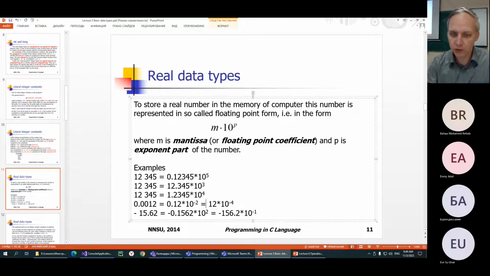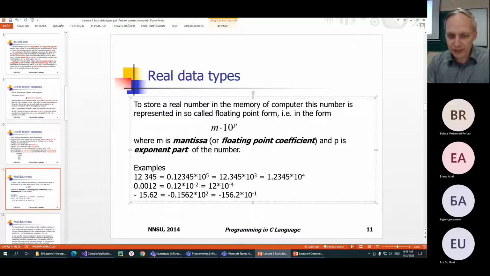And for all other examples, I write it like this and like this, the unique notation that corresponds to our supposition that the mantissa is between 1 and 10.